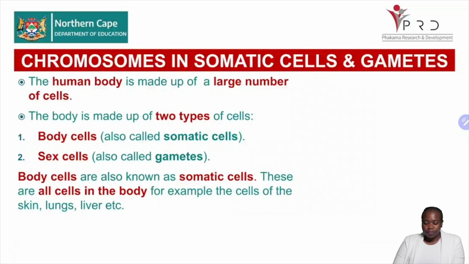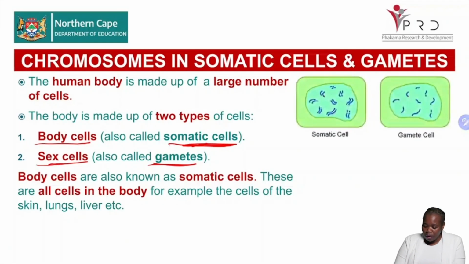Okay, so now, as we were talking about somatic cells and gametes or sex cells, the somatic cells and the sex cells differ when it comes to the number of chromosomes that they have, right? Remember, the body cells are somatic cells, sex cells are gametes, right?